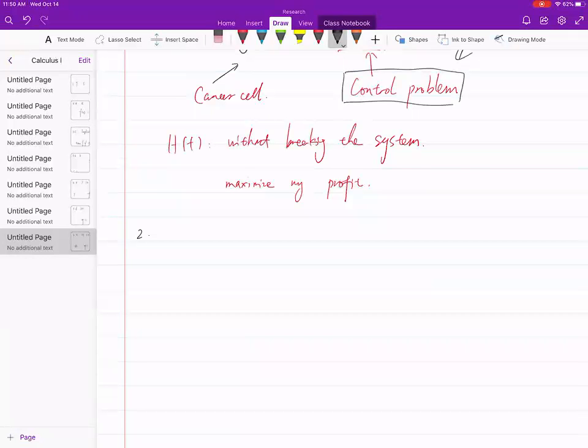Let's try another example. Harmonic oscillator. Which is the spring mass system.